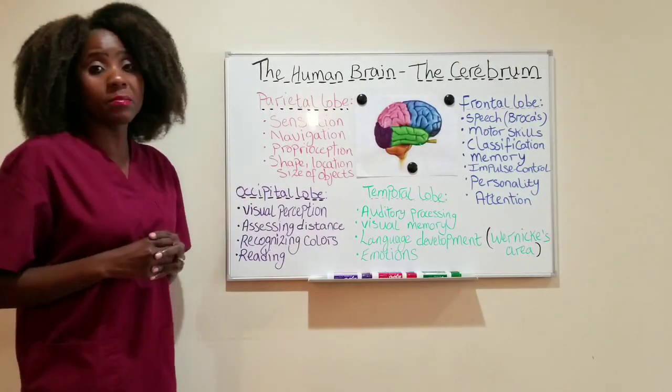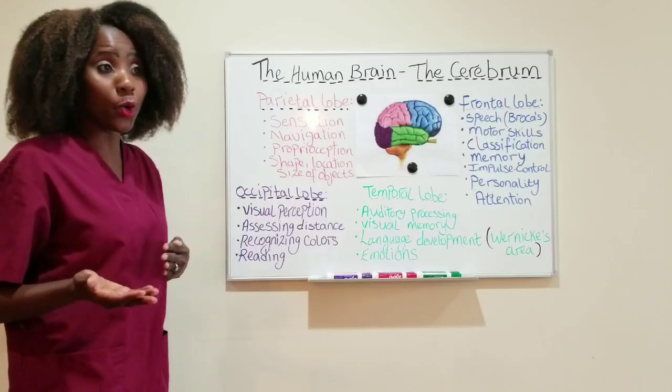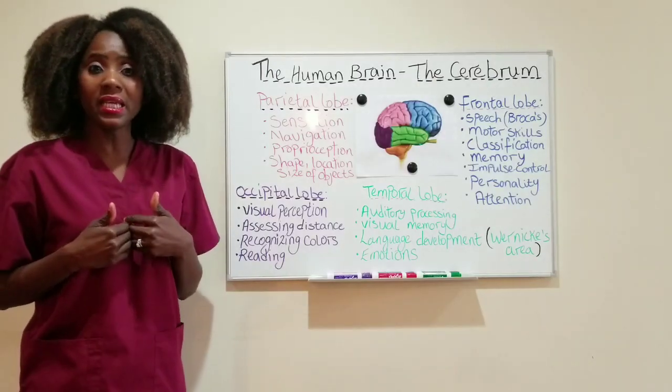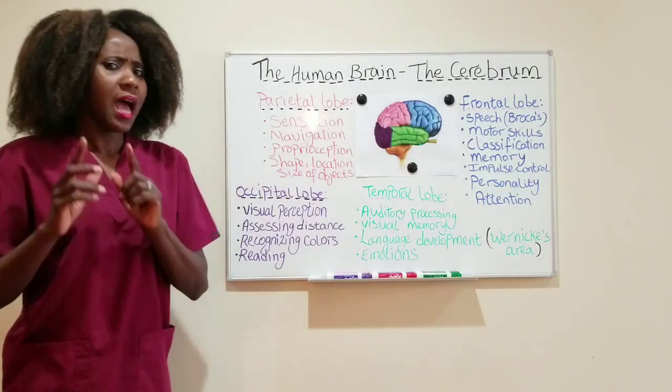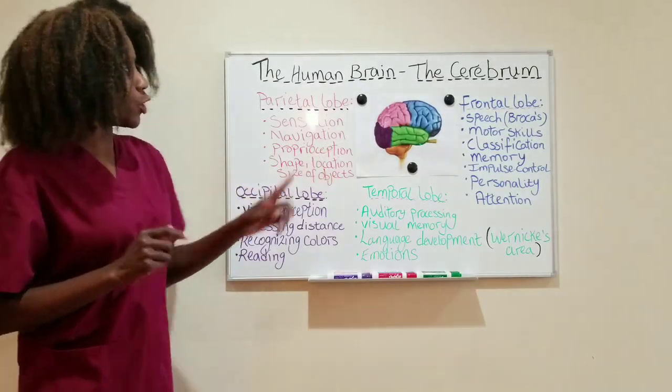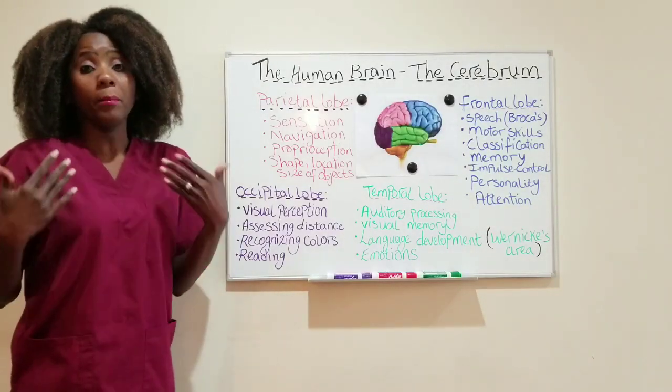It's also responsible for selective attention. So for instance, now you're able to look at this video and focus on me, even though there are other things vying for your attention. And one other thing that is not noted here is that the frontal lobe plays a key role in motivation.